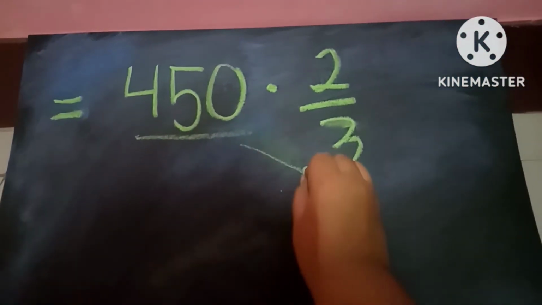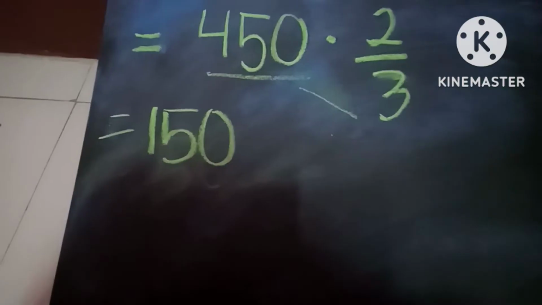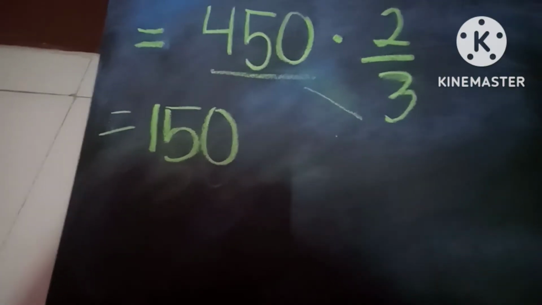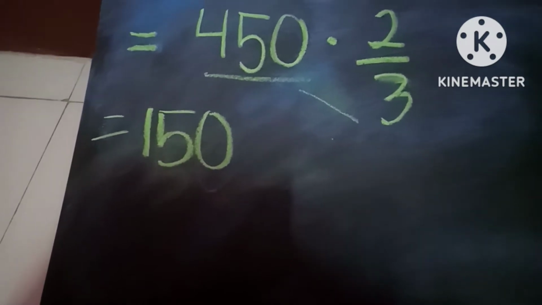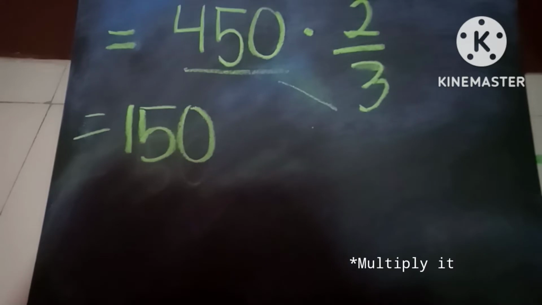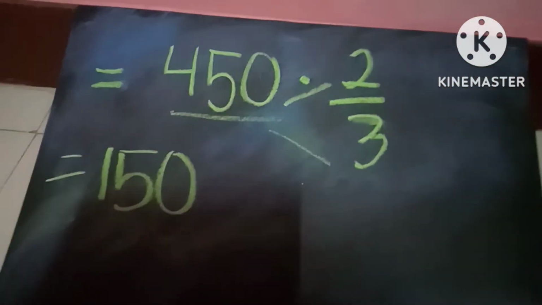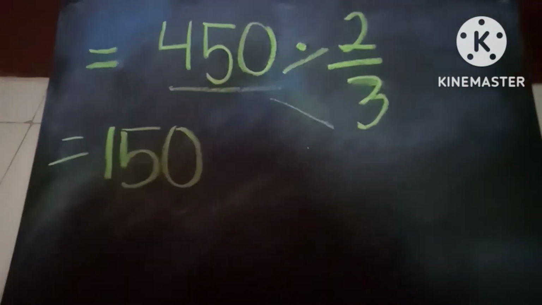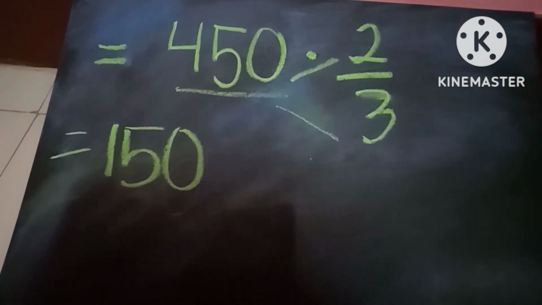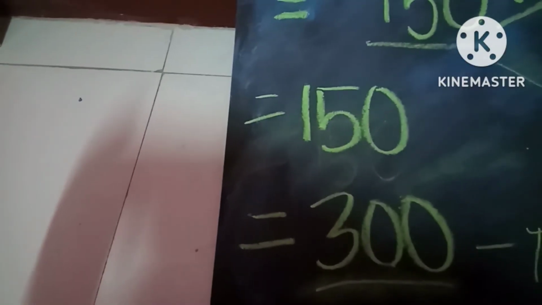Dividing 450 by 3 would equal 150. Now, the next thing to do is to multiply the 150 by the 2 of the fraction, which is the numerator. Multiplying that, we will get 300.